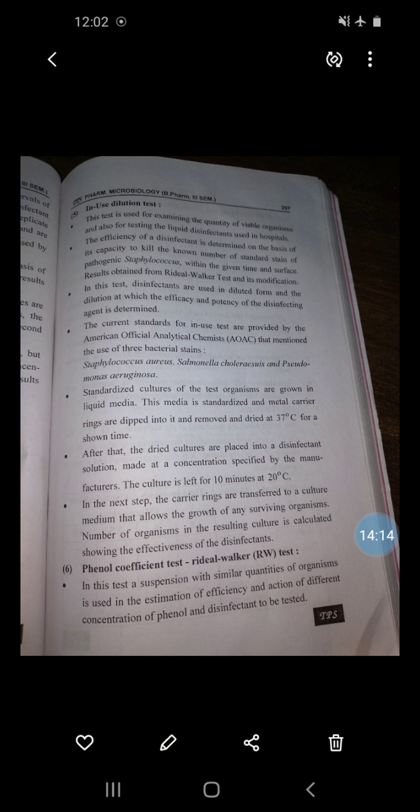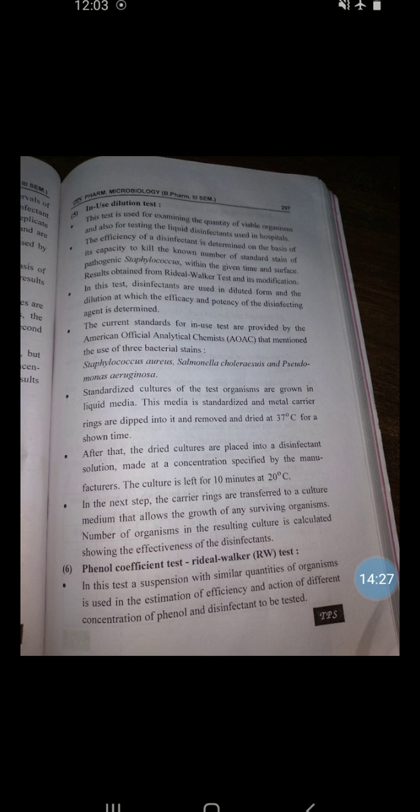In the next step, the carrier rings are transferred to a culture medium that allows the growth of any surviving organism. The number of organisms in the resulting culture is calculated, showing the effectiveness of the disinfectant. So this is all about this test.